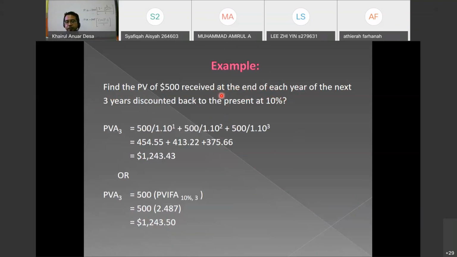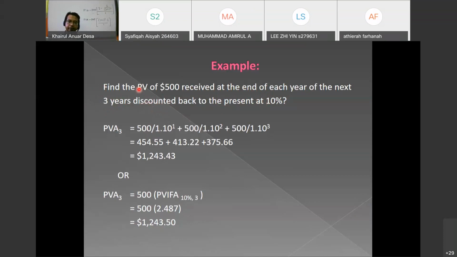So when the question states clearly at the end of the year, meaning that we use ordinary annuity. End of the year is the keyword for ordinary annuity. Okay, 3 years discounted back. Discounted back means this is the present value. A keyword for present value is discounting or discounted.